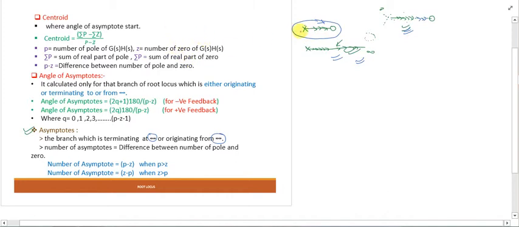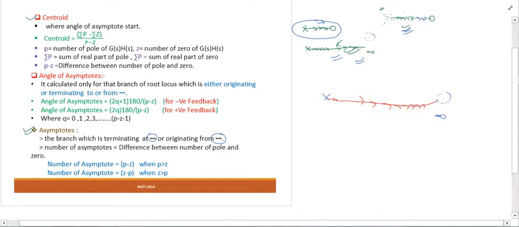Now, when there is an asymptote, we have to calculate the centroid and the angle of asymptote. The centroid means from where these asymptotes start, and the angle means the direction of the asymptote. If there is a pole here, or there is an imaginary zero at infinity, then the branch may start from here and go like this and terminate at infinity.